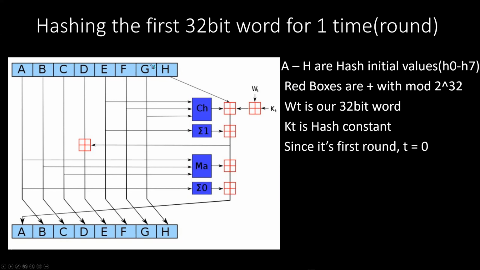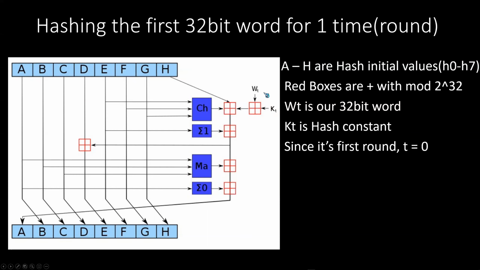In the picture here, A through H are the hash initial values. They are the same as H0 to H7 in the beginning. The red boxes here are just plus signs, but it's plus modulo 2 to the power of 32, which keeps the length to be 32 bits.